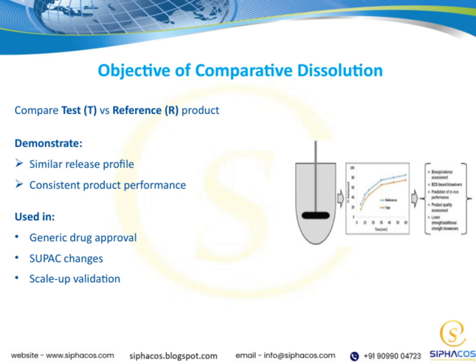It's also important for SUPAC changes, those slight modifications in manufacturing processes, and for scale-up validation, where we need to ensure that larger production batches maintain the same performance as smaller ones. Overall, this slide underscores how comparative dissolution is a fundamental tool in ensuring that our generic and modified products meet the same high standards as the original reference.